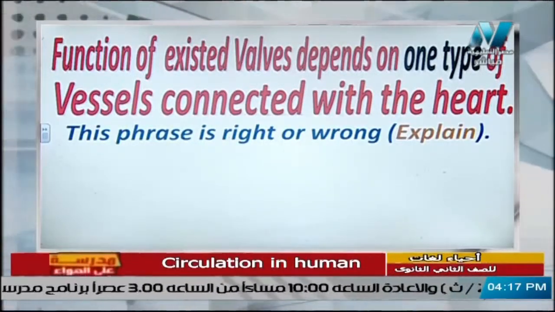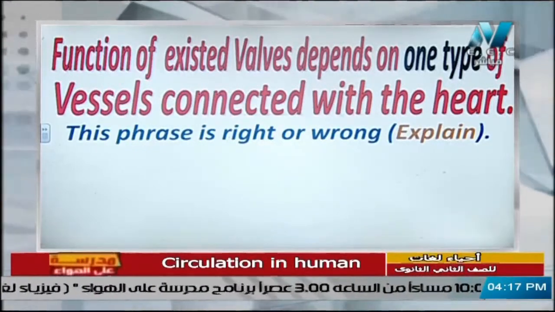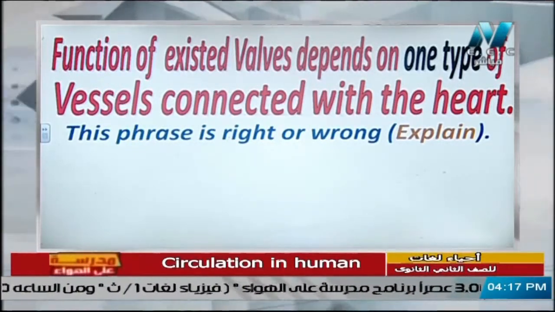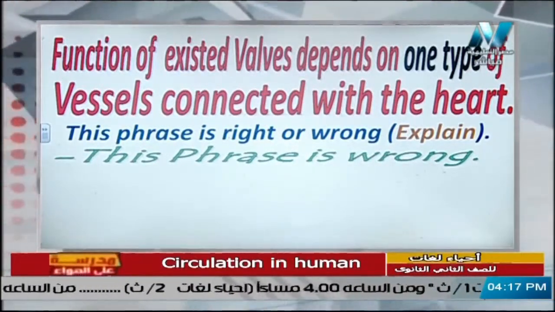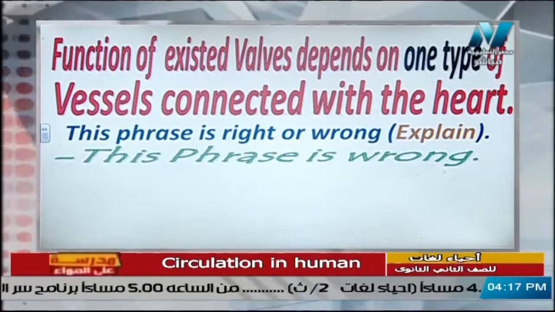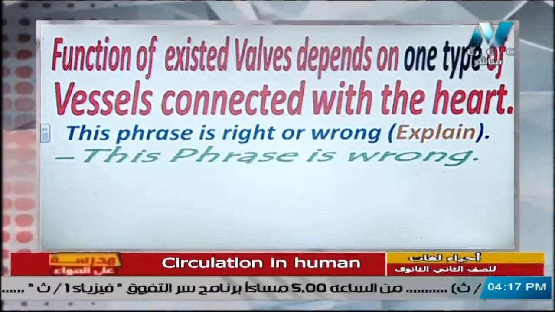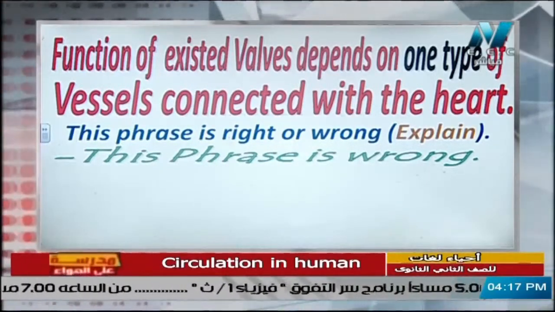So I say: number 1, this phrase is completely wrong. Why? Because of the words in black, it says one type in the question.